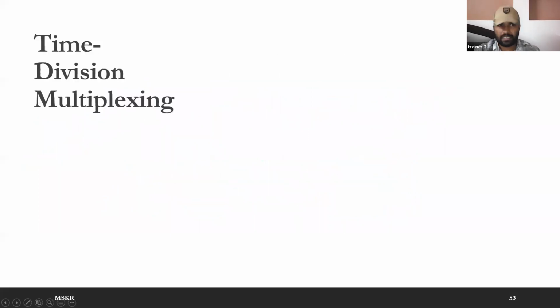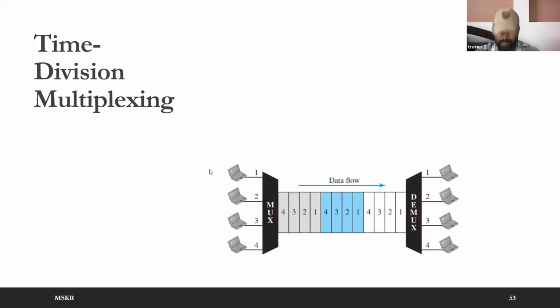So now in this class, I'm going to discuss time division multiplexing. In time division multiplexing, as you can see on this diagram, the medium is not shared like our frequency division multiplexing. In our frequency division multiplexing, we divided our medium with respect to frequency.